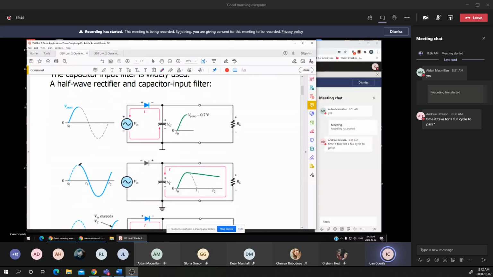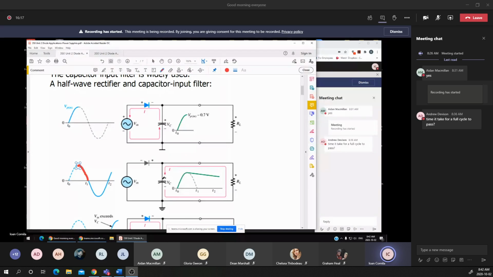For the second half, once the capacitor reaches the maximum voltage, VP, the input voltage is decreasing. The capacitor will compensate for the drop in the input voltage, from the peak voltage to 0.